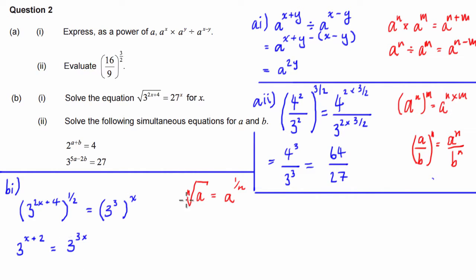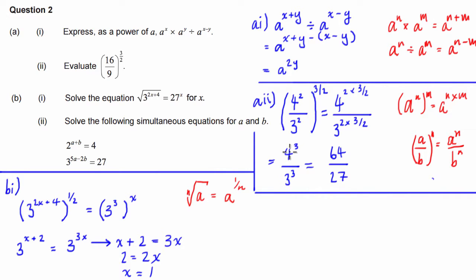Now, the reason we want to get both of our bases the same is because if the bases are the same, we can equate the powers. So we can say, therefore, x plus 2 must equal 3x. We take the x to the other side. We've got 2 equals 2x, or x equals 1.